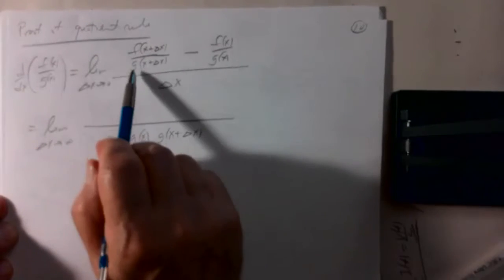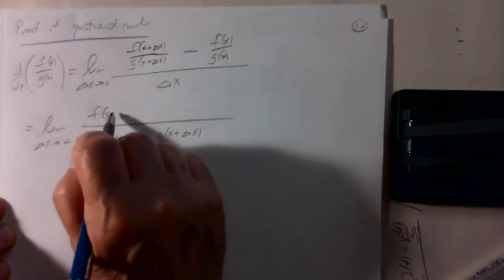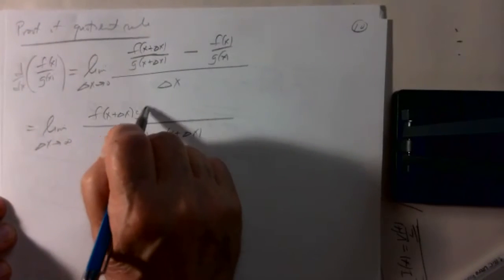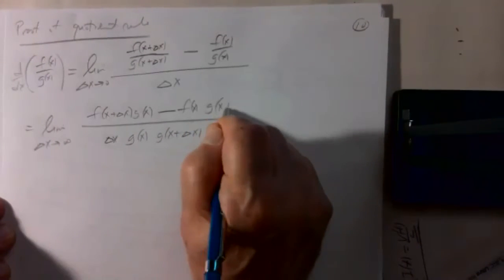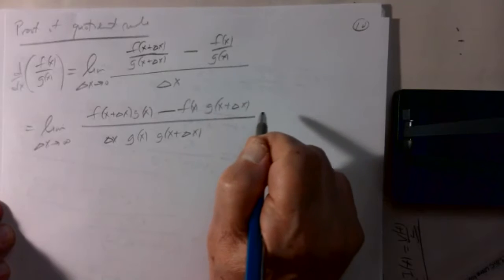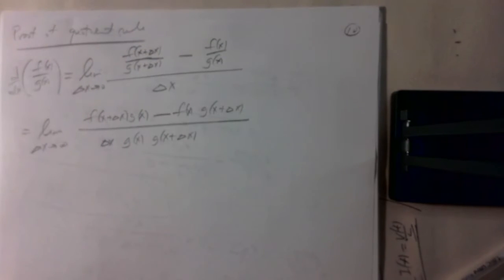When I do, the g of x plus delta x cancels here. I get f of x plus delta x times g of x. Here, the g of x's cancel. I get f of x times g of x plus delta x. And notice this minus sign, that's important.